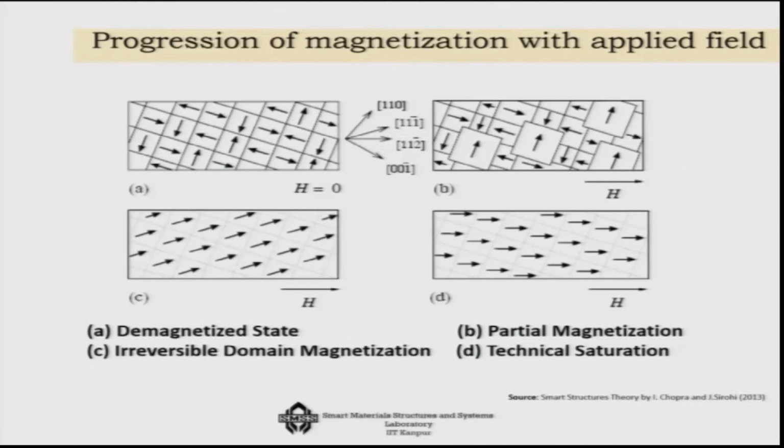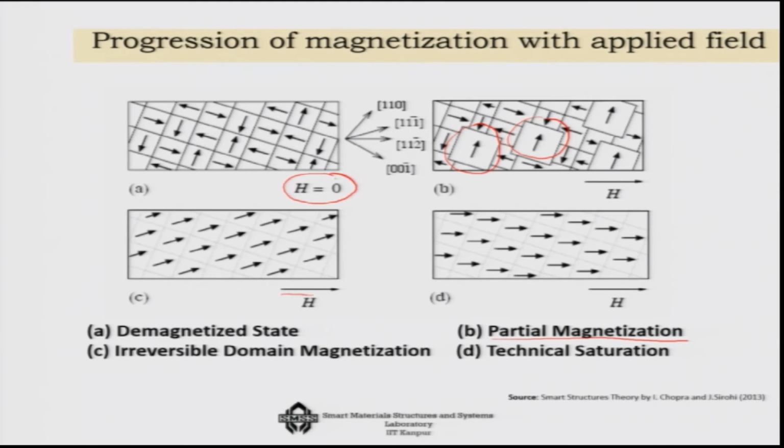Now, what is happening microscopically is that when there is no magnetic field, the domains are randomly aligned. As I increase it, the favorable domains increase in size. So, you can see that there is a partial magnetization state, and favorable domains are increasing. Beyond a certain magnetic field, all these domains are aligned.